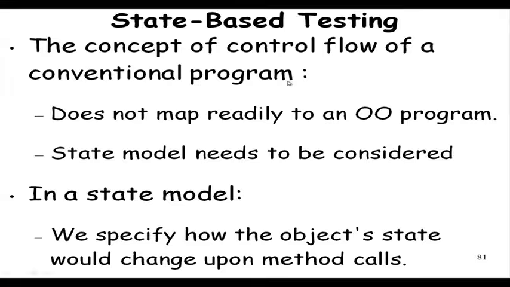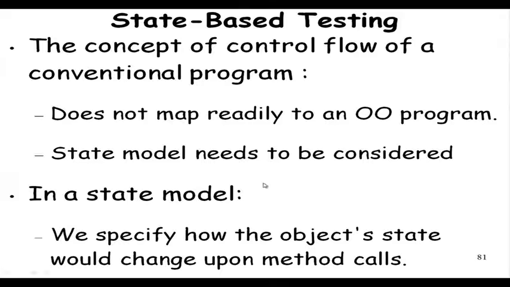But here, first of all, a class is a unit of testing, and when we try to test a method invoking other methods, we must also consider that just testing all possible ways another method can be invoked is not enough. We have to also test it in different states of the class.